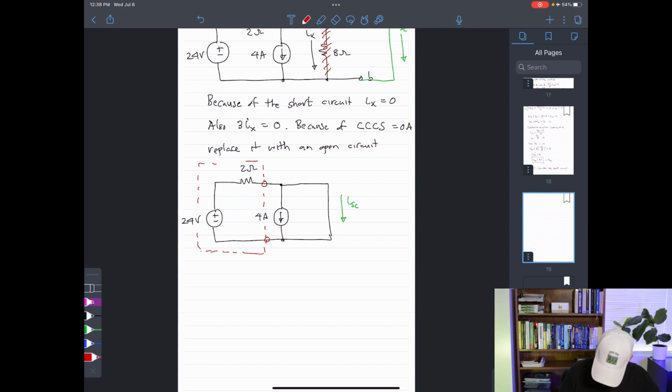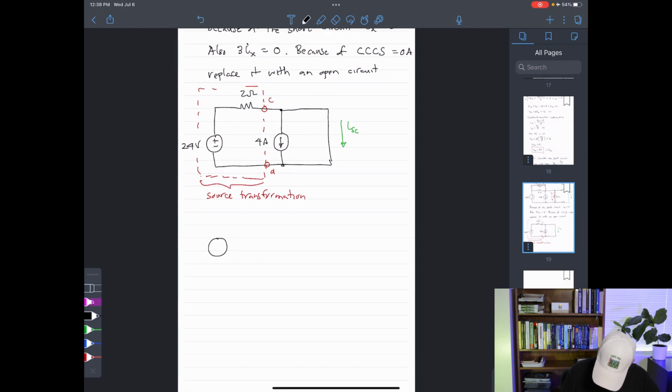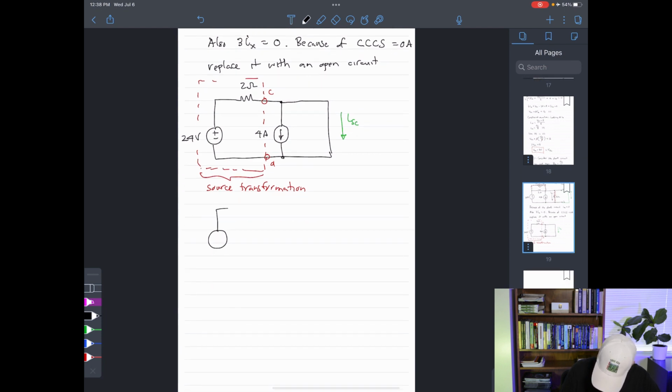With respect to, let me call these nodes C and D, I'm going to do a source transformation here, which means that this voltage source in series with this resistor, I can replace with a current source that happens to be in parallel with a resistor. And this is with respect to the terminals C and D.